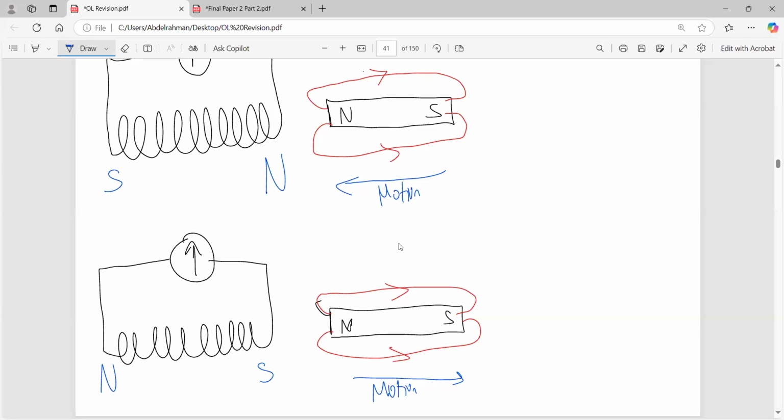Why is that so? Because the current created in this coil opposes the force that creates it. What do I mean by that? It opposes the force creating it.